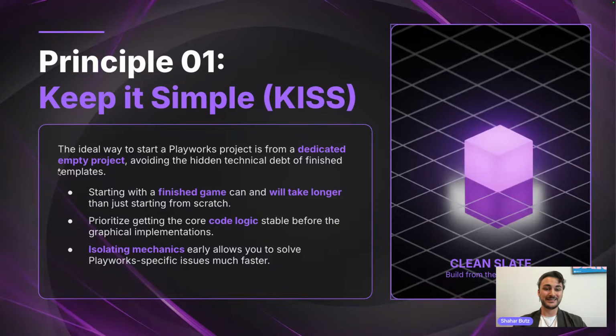In my opinion, the ideal way to start a Playworks project is to start from a dedicated, empty project, rather than from a finished project or a template or the main branch of your game if you work in a studio. Maybe you're a publisher and you have the full project from your client and you're making a playable for them.